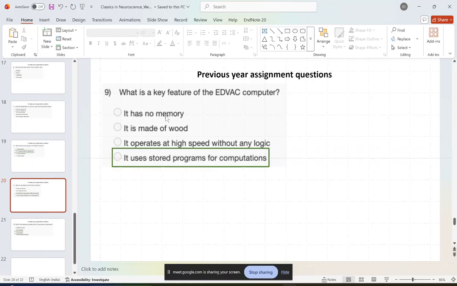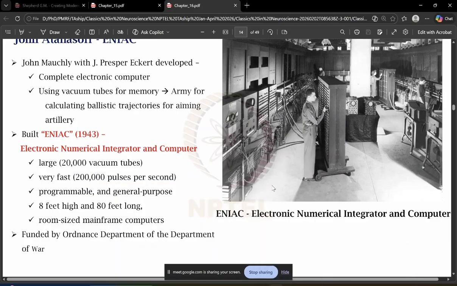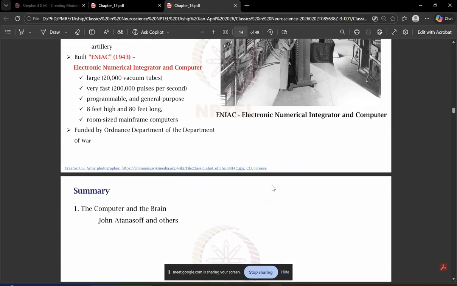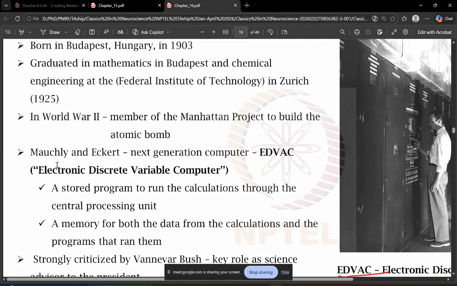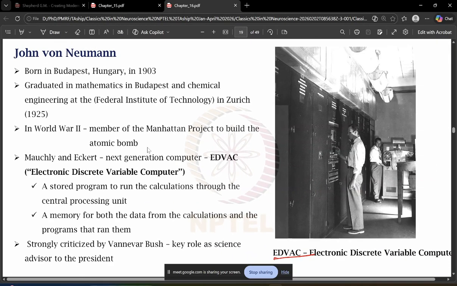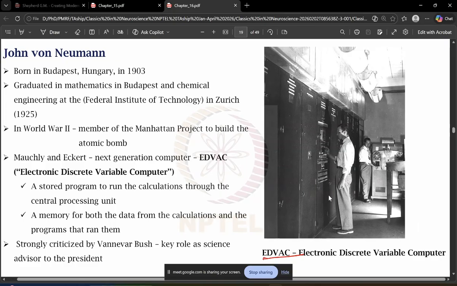Next, what is a key feature of the EDVAC computer? The EDVAC computer was the next generation computer after the ENIAC computer, and it was again built by Mauchly, Eckert, with inputs from John von Neumann. This is the EDVAC computer, the full form of which is Electronic Discrete Variable Computer. How did the EDVAC computer work?